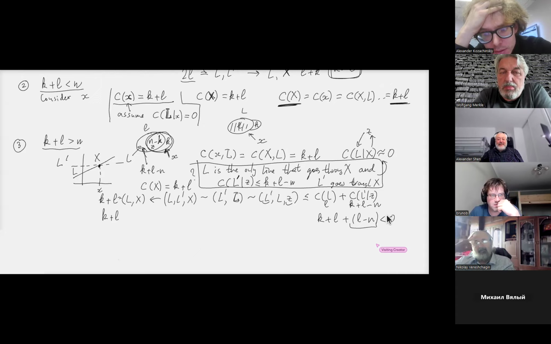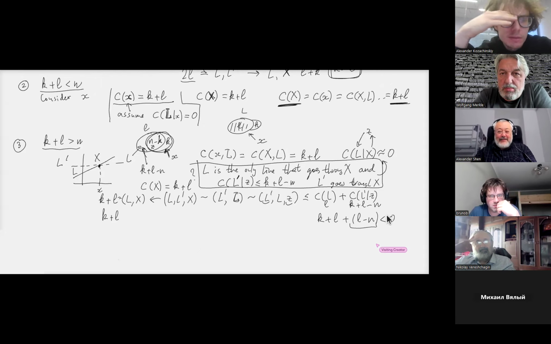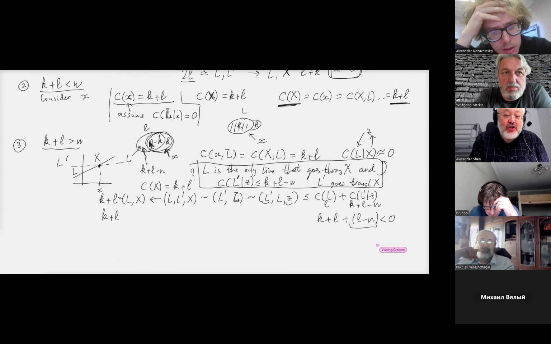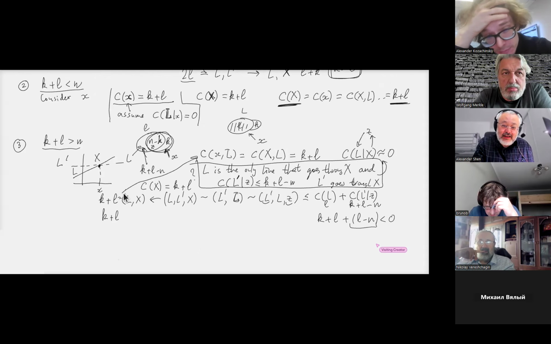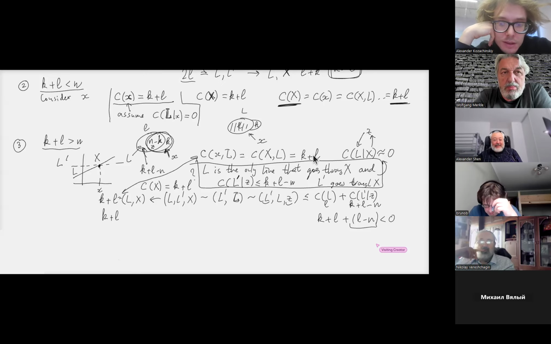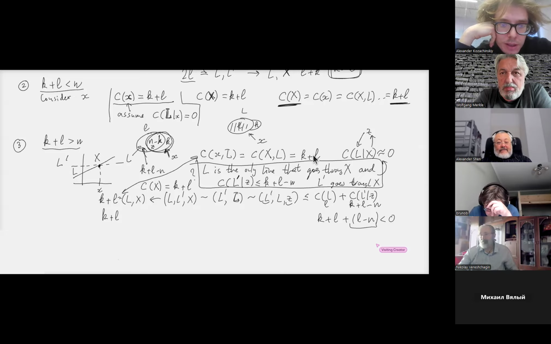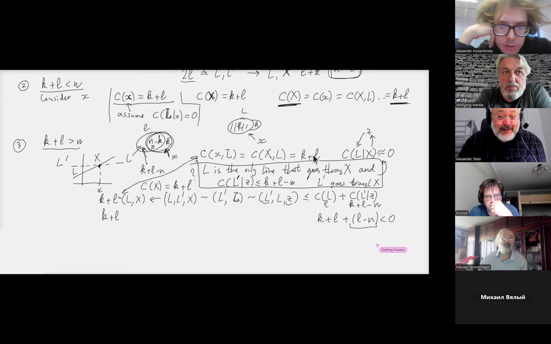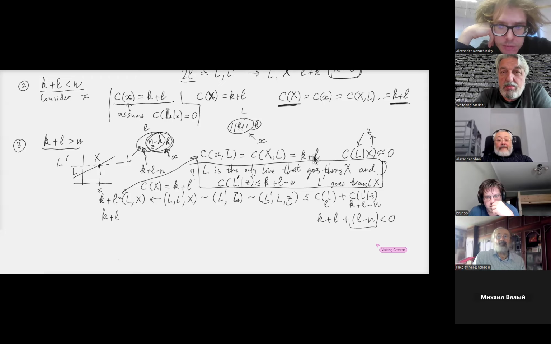Exactly. Wait. So again, X has complexity K plus L. It's by construction, because we know that this is the same as small x, it's K plus L. Yeah, but then you can describe it by L, L prime, and X. You can actually describe it just by L and L prime. So you give L with small L bits.